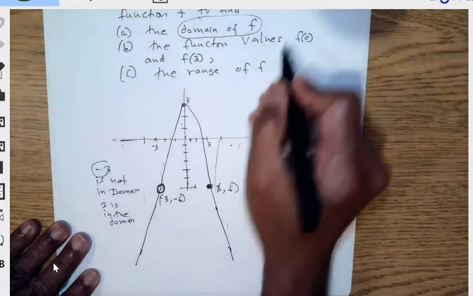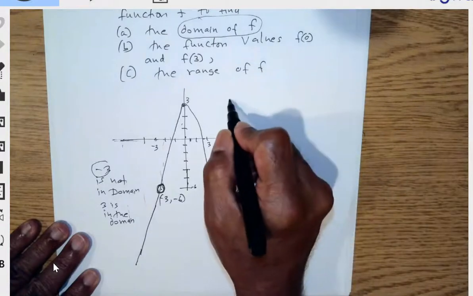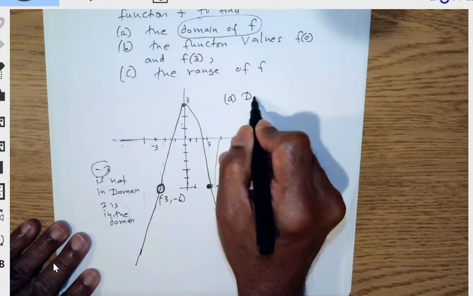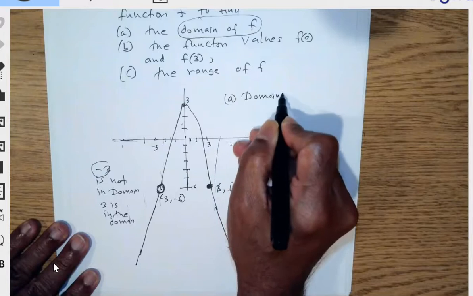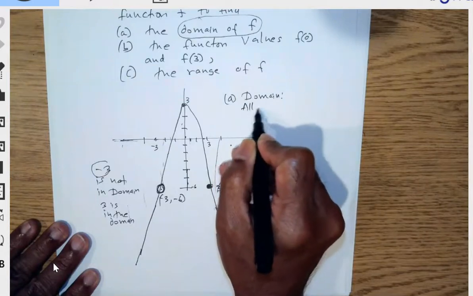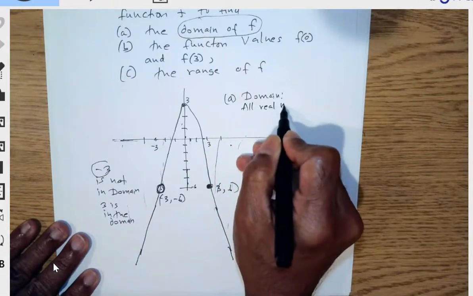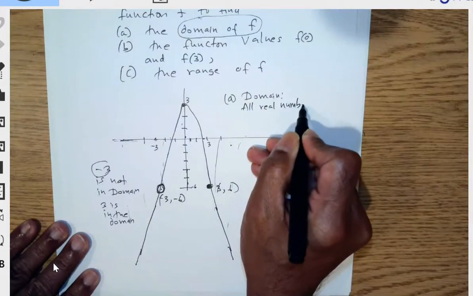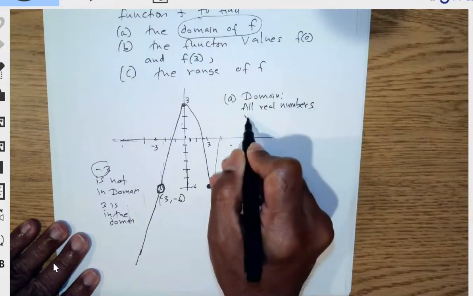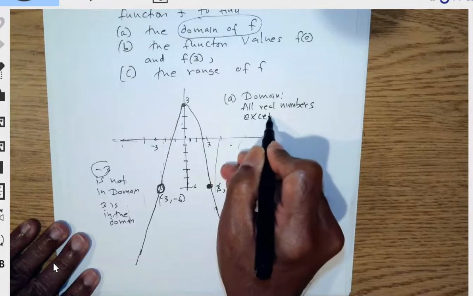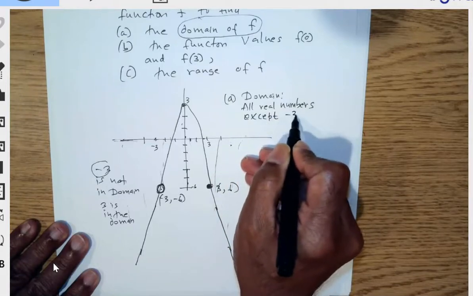So the domain, we can say, is all real numbers except -3.